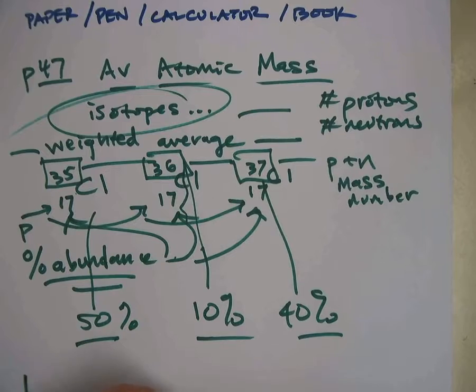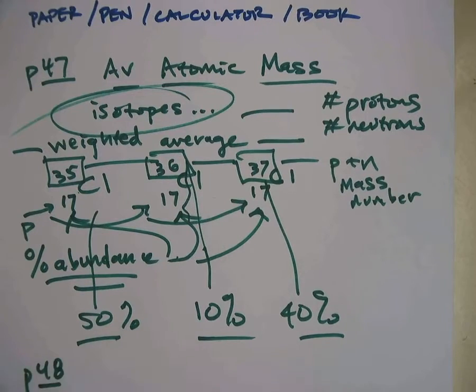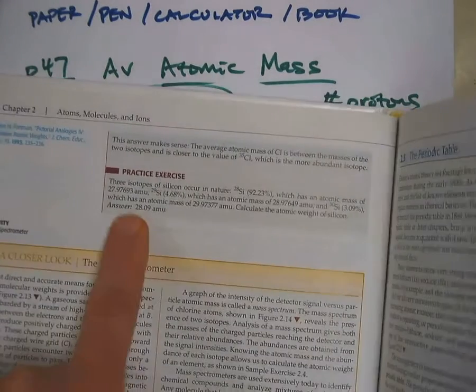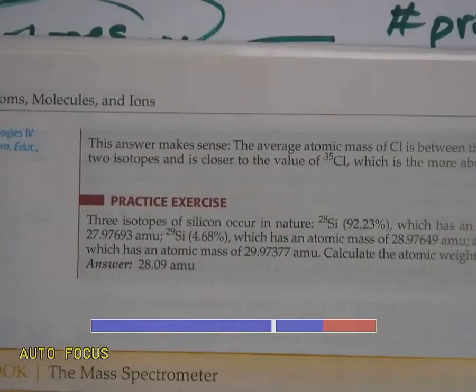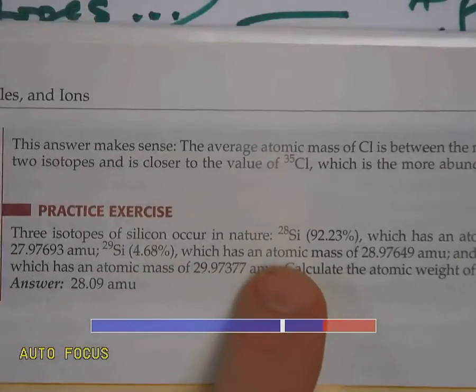Sample problem's on page 48 of your textbook, and I'm just going to put this one in front of the camera here. It says 3 naturally occurring isotopes of silicon occur.